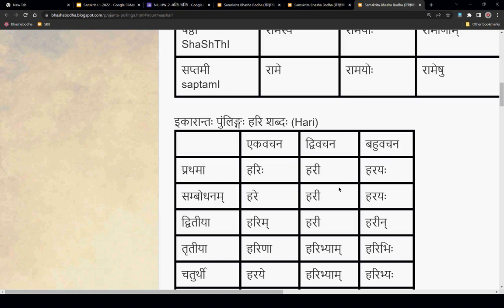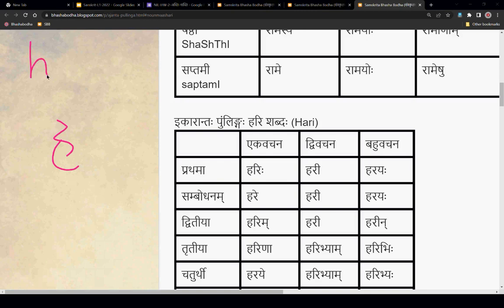Ekvachan is Hari here, and Dvivachan is Hari. Hari, no Visarga, just a different pronunciation.